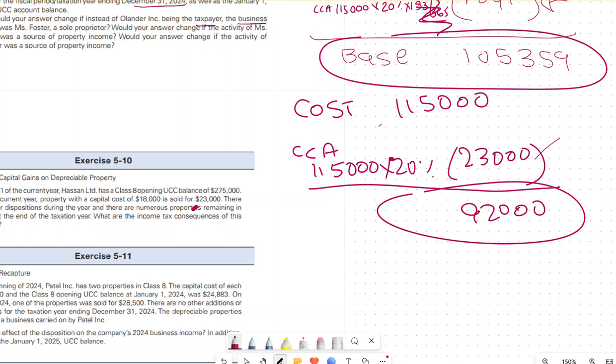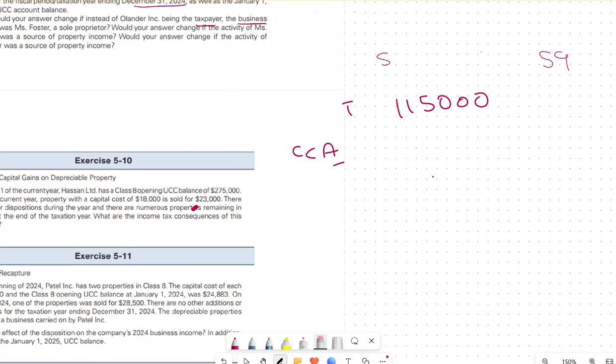So the second 92,000 will be my UCC that I will start off with. My CCA is more under the individual than the business, because for a business we need to worry about the year, the short period of your corporation, which makes it different.